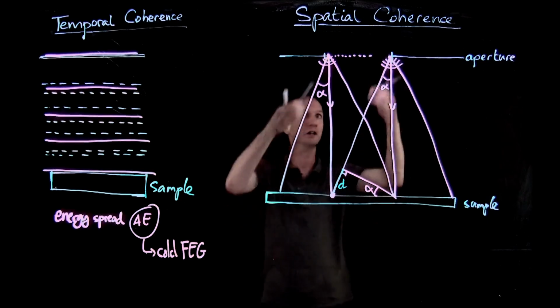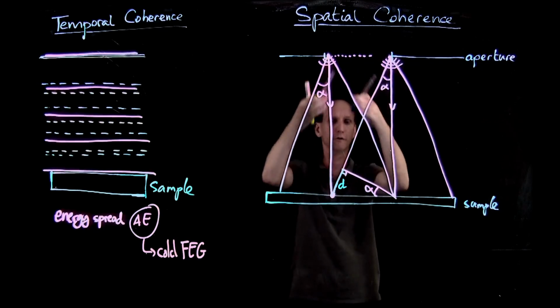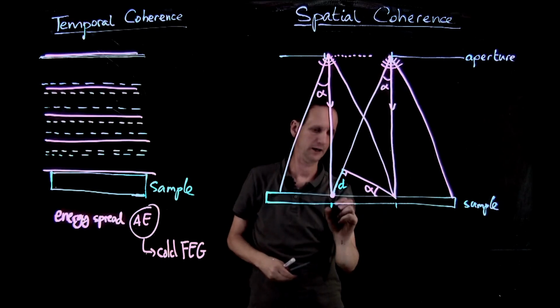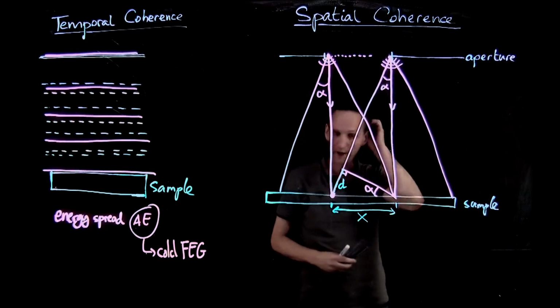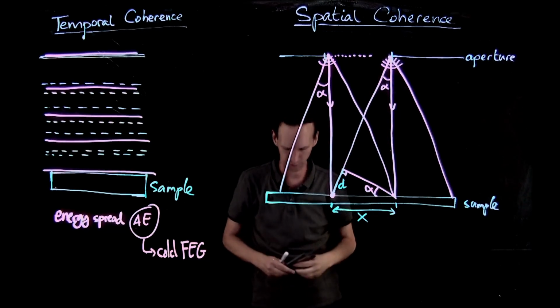Now also note that in this example we illuminate a specific part of the sample with the full wave cone, and this length here I will call x. And both these waves now have a different phase in this position.